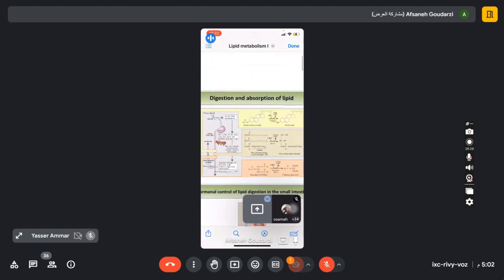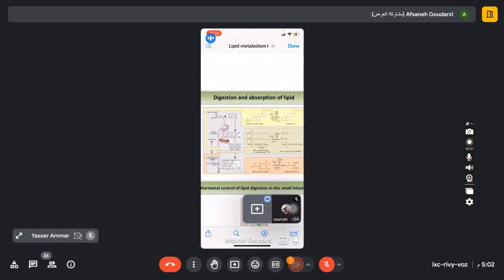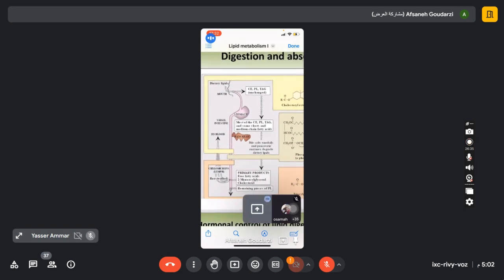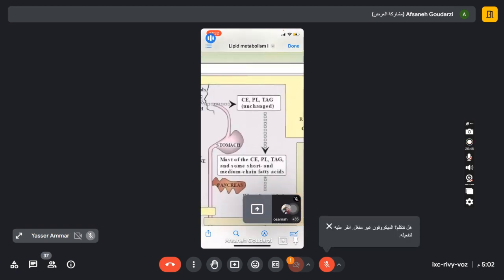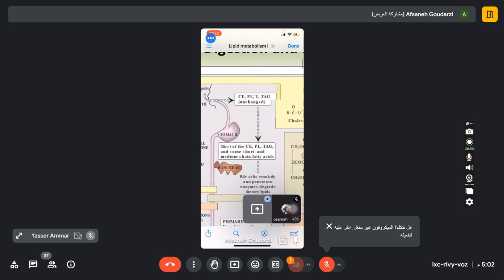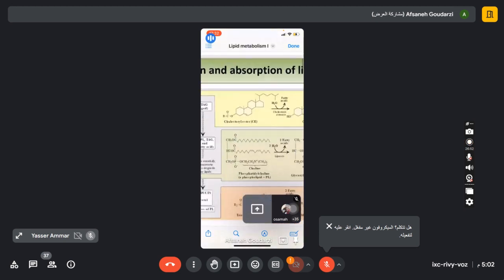Okay, guys, in this slide you see that via the diet, lipid enters the mouth and our digestive tract. It is composed of CE, which is cholesterol ester, as shown in the picture on the right side of this slide.